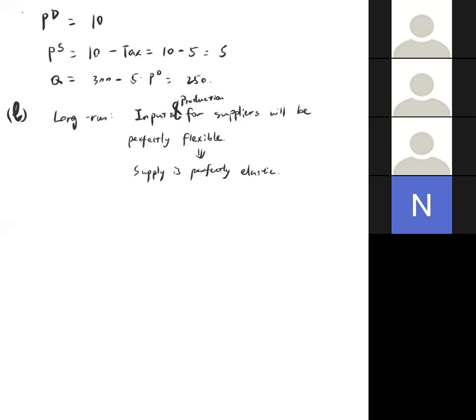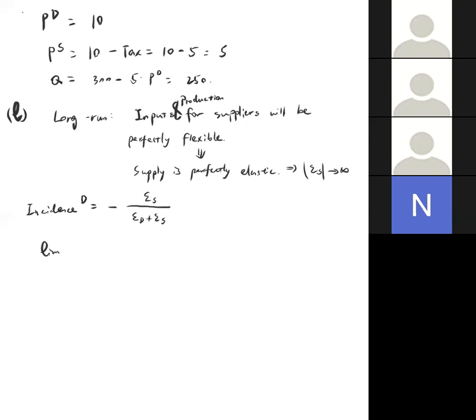So if you recall the tax incidence, for the consumers, it's incidence D because it refers to the demand. We say it's negative of epsilon s divided by epsilon D plus epsilon s. So in the long run, after the tax, because the supply will be perfectly elastic, we know that the absolute value of epsilon s will go to infinity.